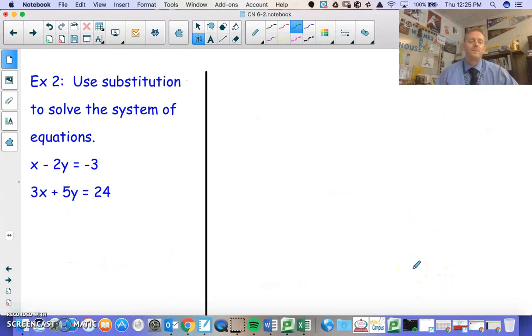All right, let's try it again. This is example number 2. We're going to solve one of these equations so that they say x equals or y equals. I'm going to make this one say x equals by moving this 2 to the other side. So I'm going to add 2 to both sides. So that's going to say x is equal to 2y minus 3, because I did plus 2y to both sides.